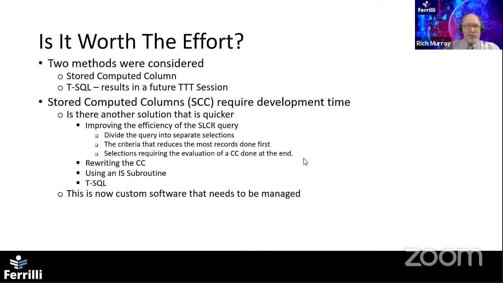Rewriting the computed column using an IS subroutine, as I talked about, those are all methods that you might want to try before diving into the stored computed column. Finally, you're creating new software on the system, so that is going to need to be managed somehow and put into the management queue. Just a consideration, right?